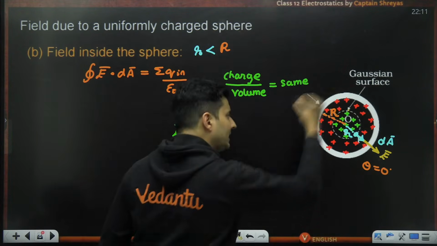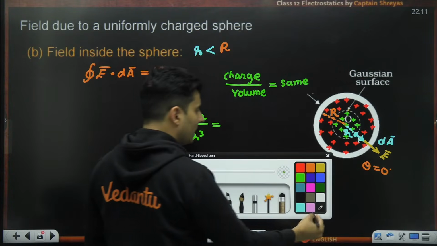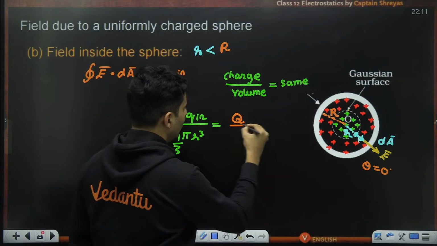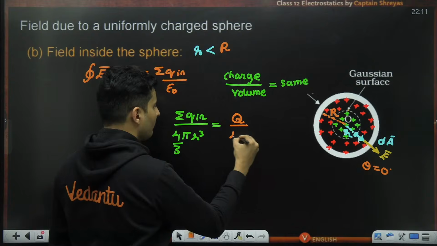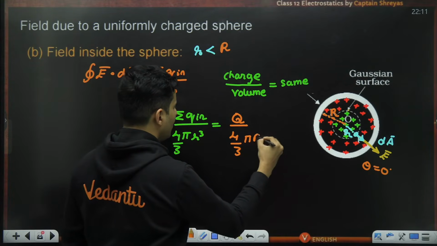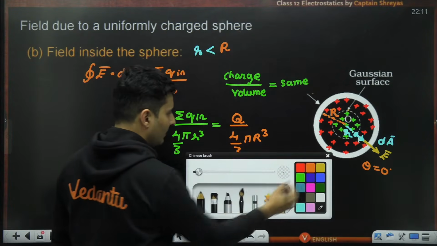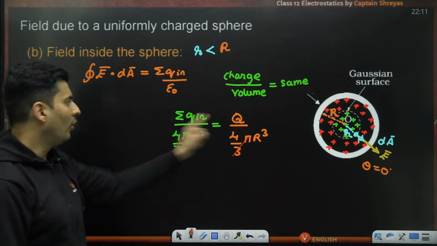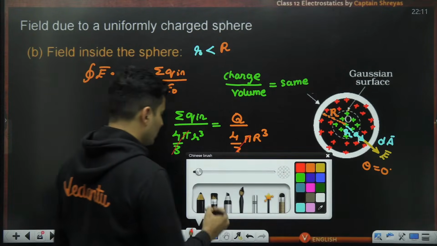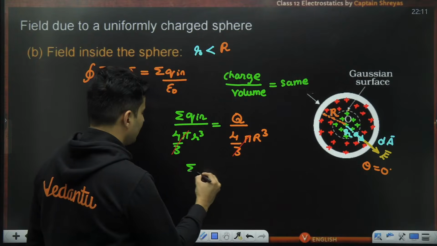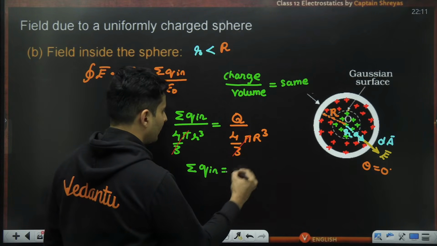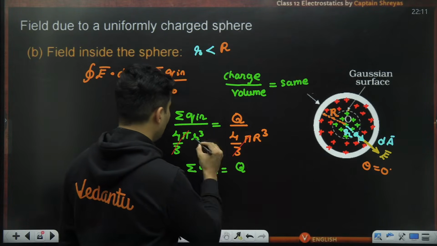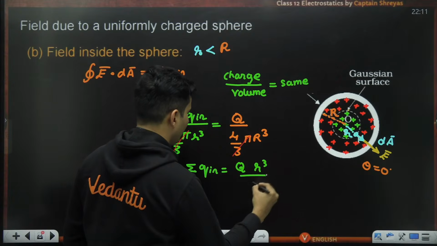Whereas for the entire sphere, the total charge would have been capital Q and the total volume would be 4 by 3 pi capital R cube. The charge per unit volume would have been the same. 4 by 3 pi cancels out. So that way I will get that the charge which is there inside is capital Q small r cube by capital R cube.